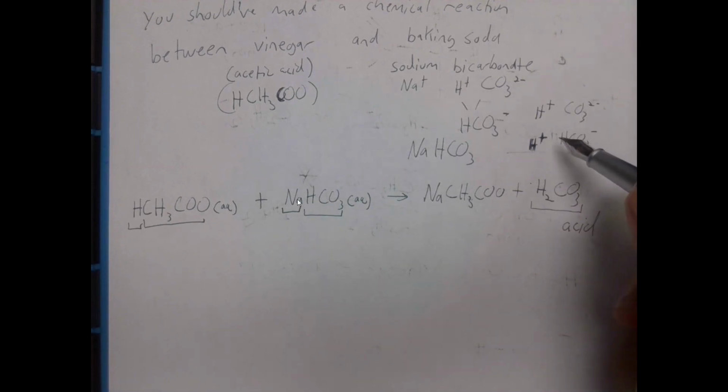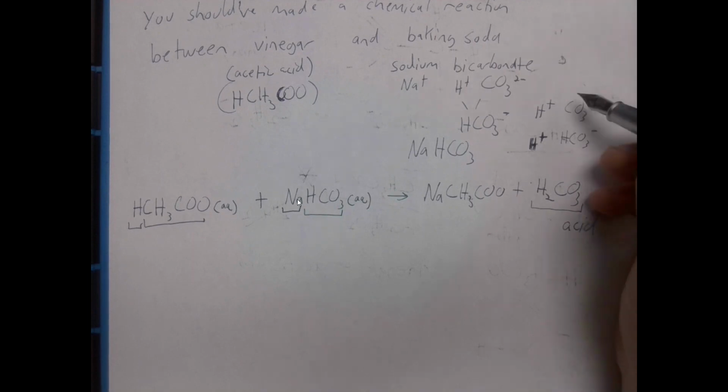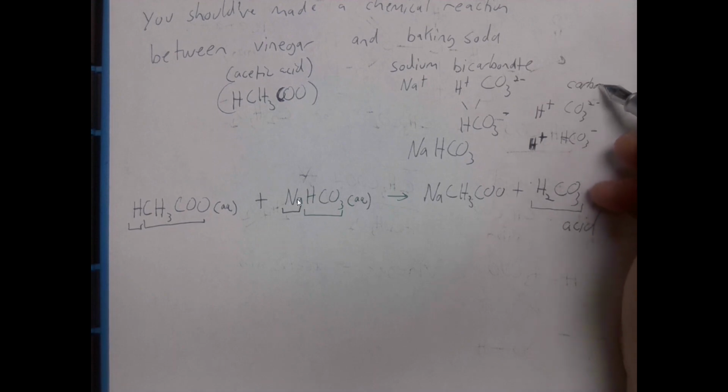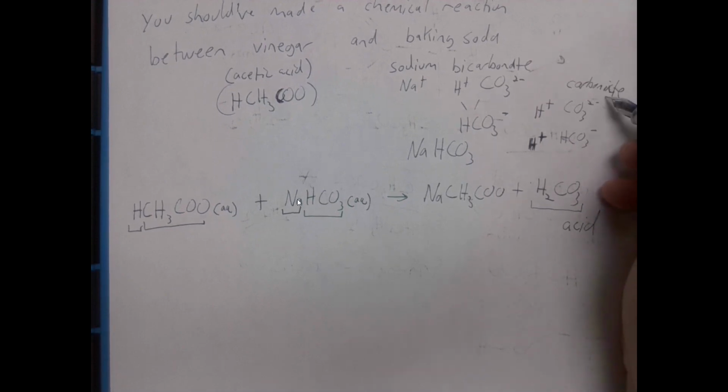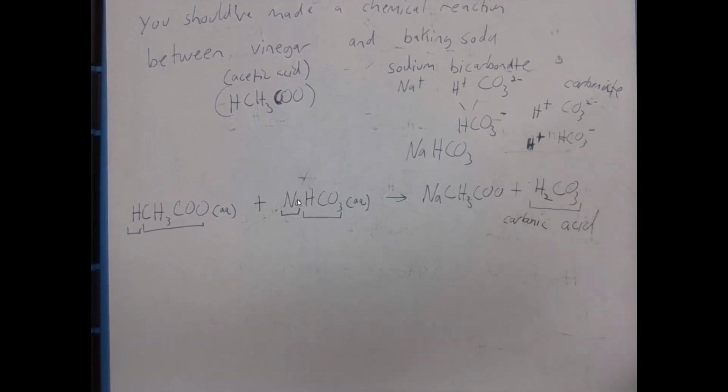Whenever you have two hydrogens, this hydrogen is not going to want to stay attached to this one. But what's the name of this? CO3? Carbonate. So what's our acid naming rules? If it ends in ate, then we put an ic on it. Carbonic acid. What is carbonic acid?